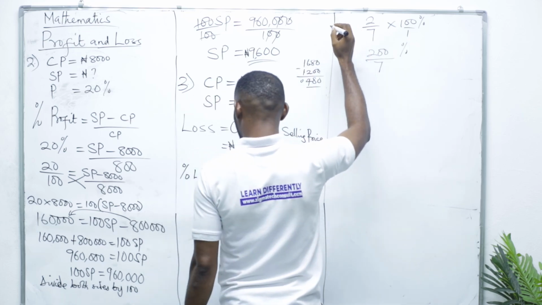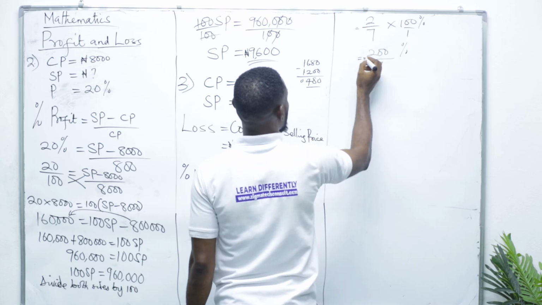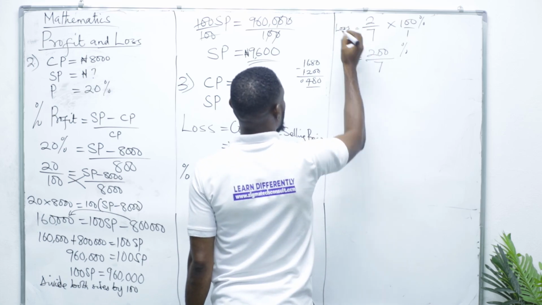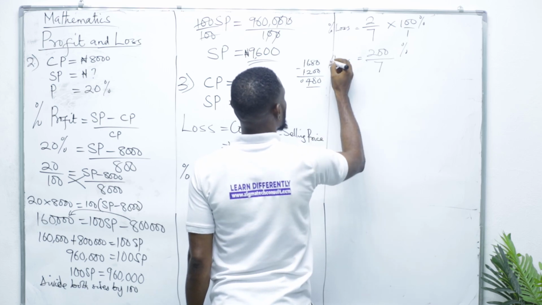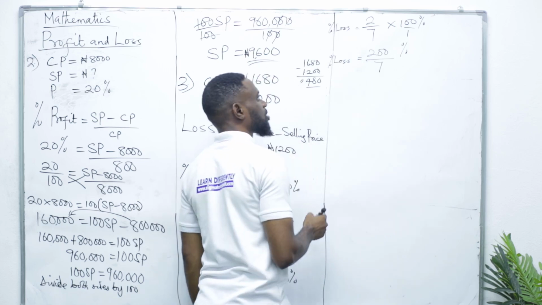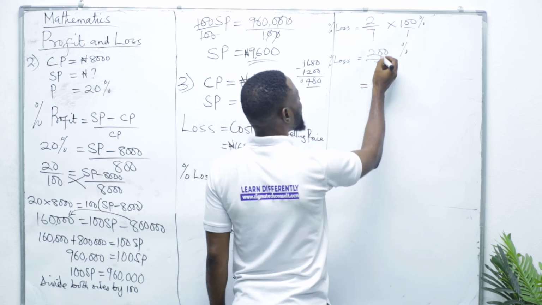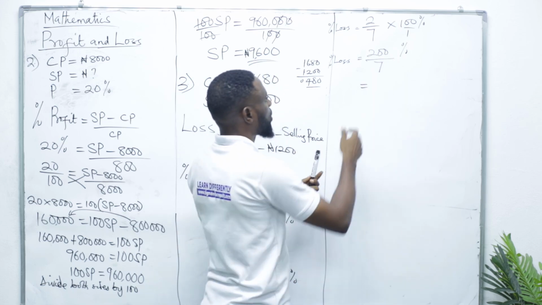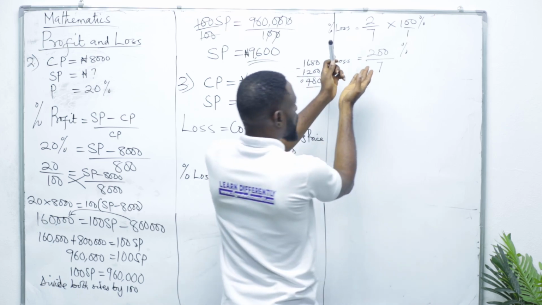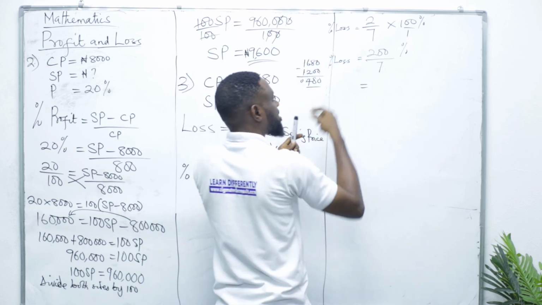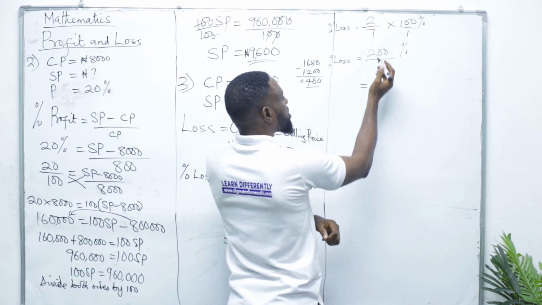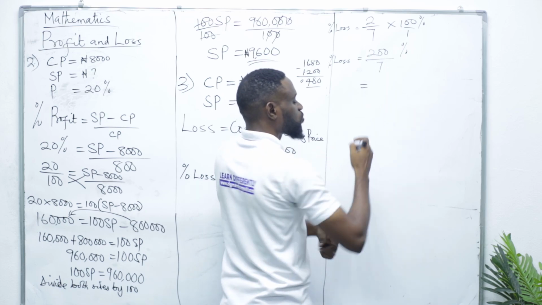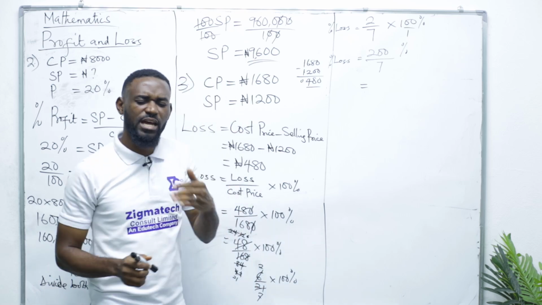All right. Remember, we are trying to solve for what? Not loss, percentage loss. So how do we now reduce this? You start with the first number that is closer to 7, that is 20. 7 into 20 will give us 2, because 7 times 2 is 14.